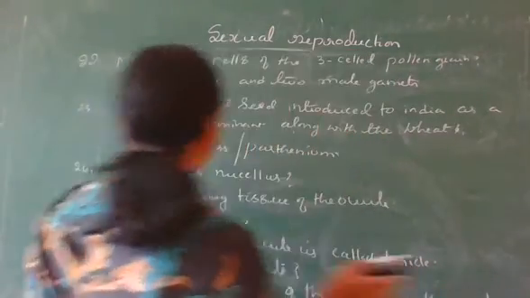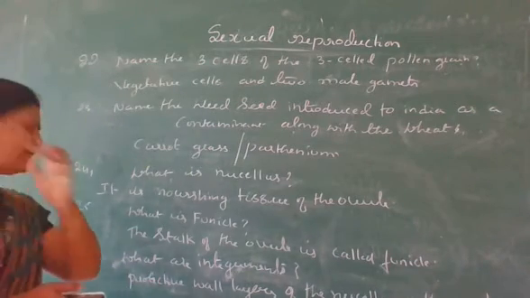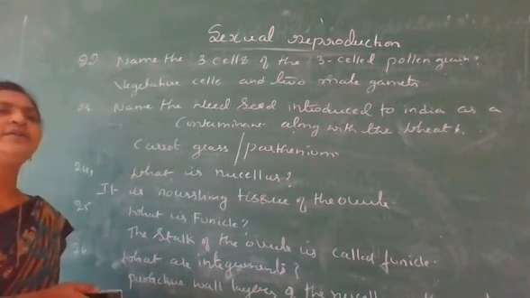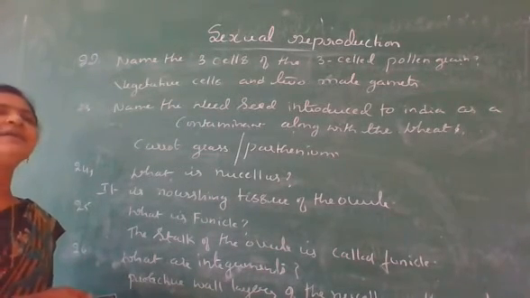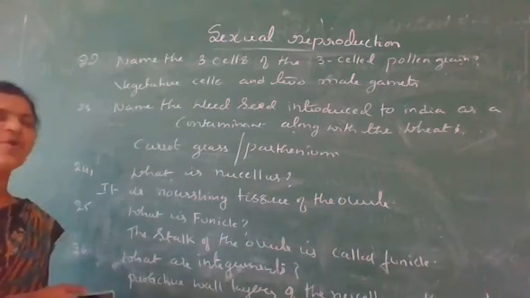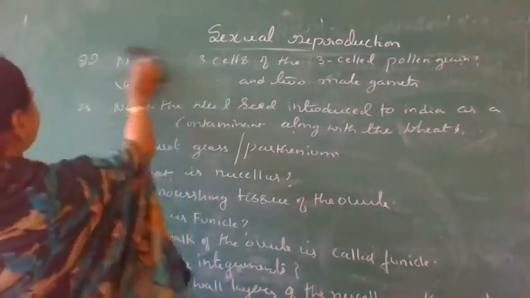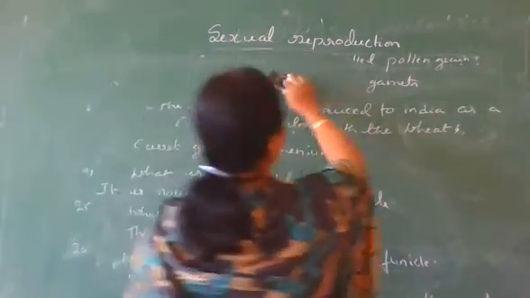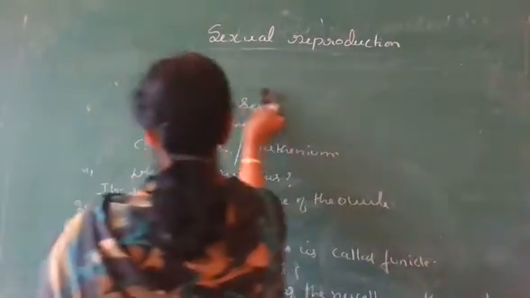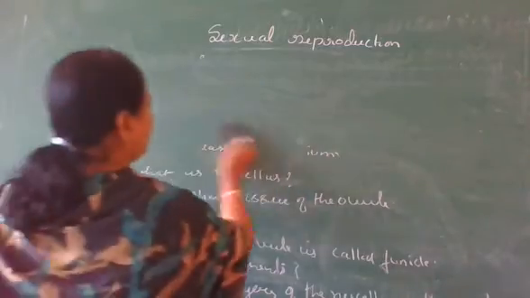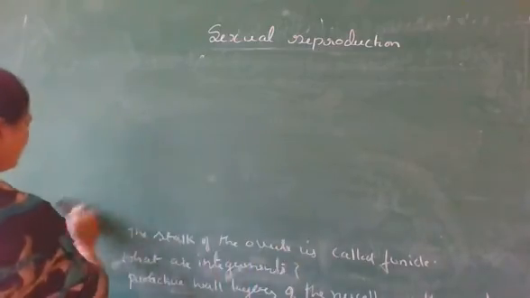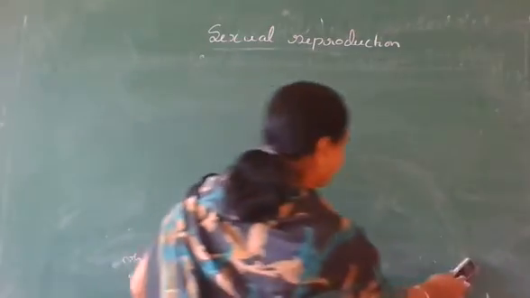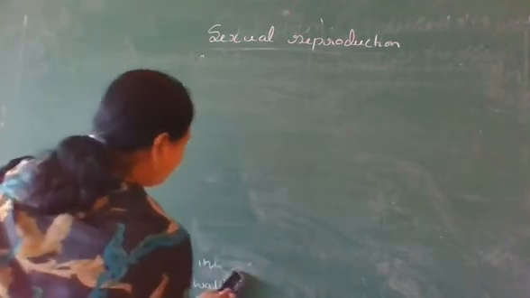Now, the integument covers the nucellus part of the ovule, but somewhere it leaves a gap, that is called micropyle. Next question is, what is micropyle? Micropyle is the zone of the nucellus of an ovule where integument is absent.